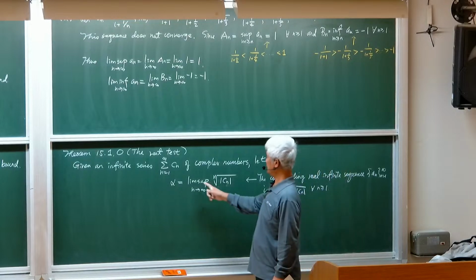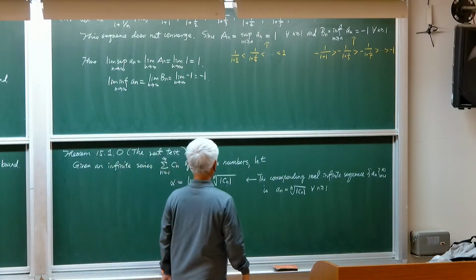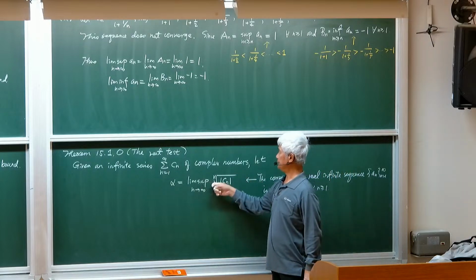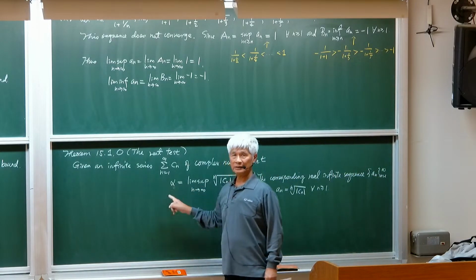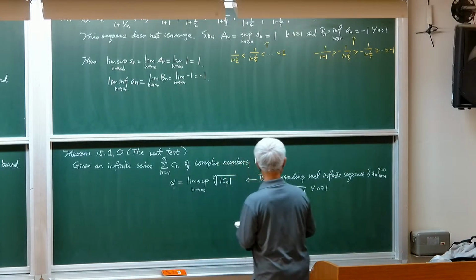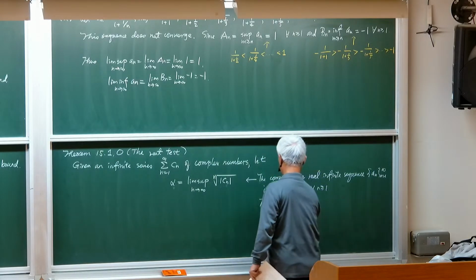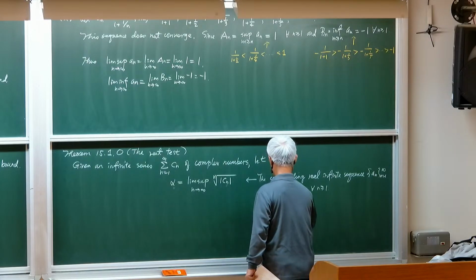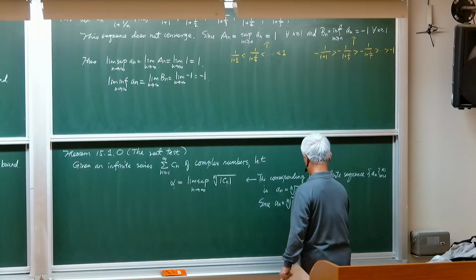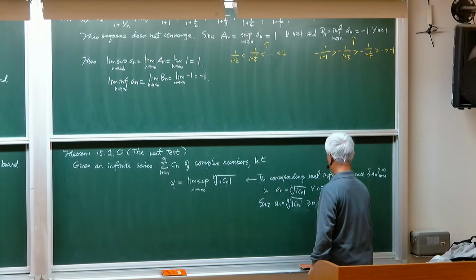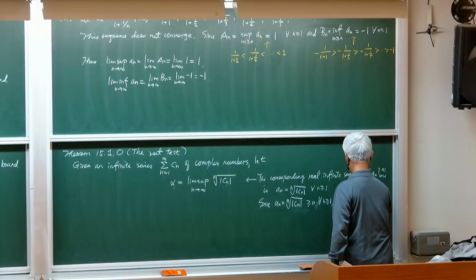And so this upper limit always exists. Because An is always non-negative, greater than or equal to 0 for all n, alpha, the lim sup, must be from 0 to infinity included.